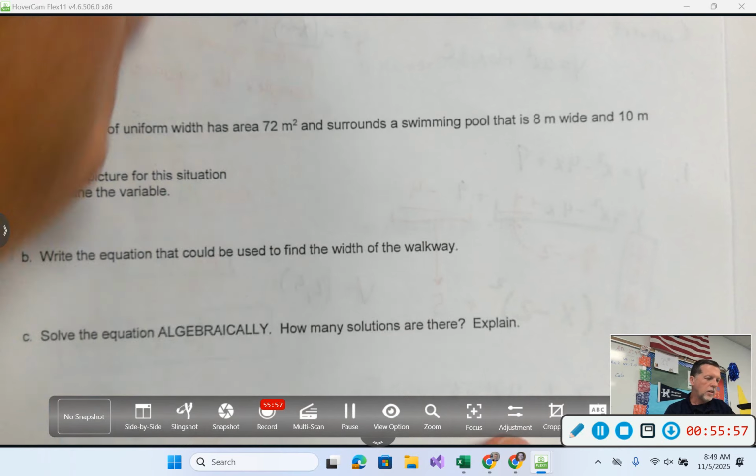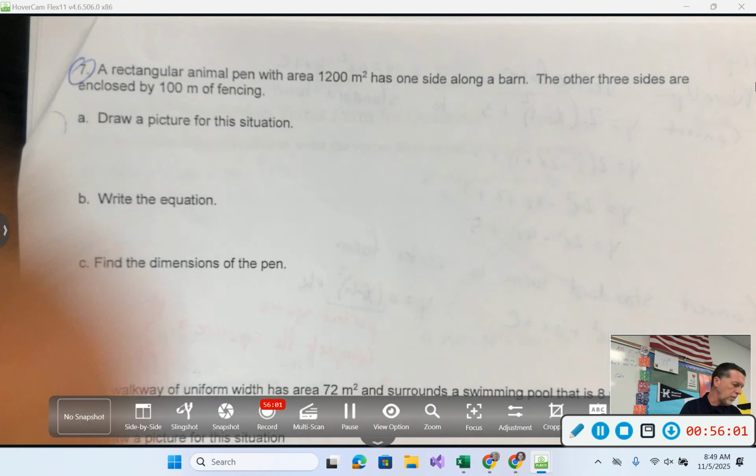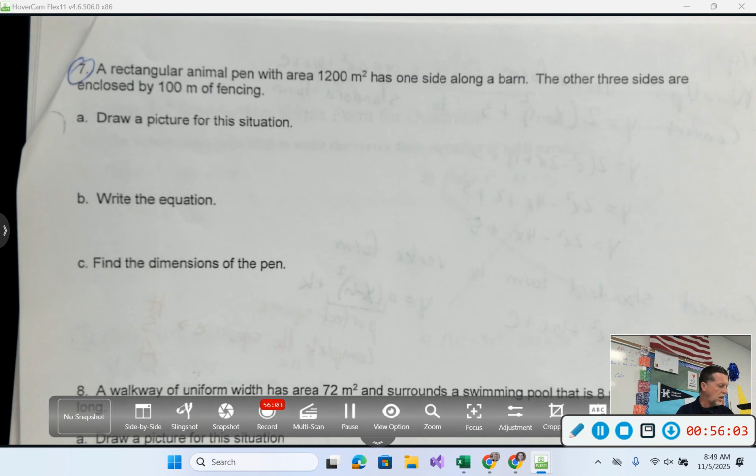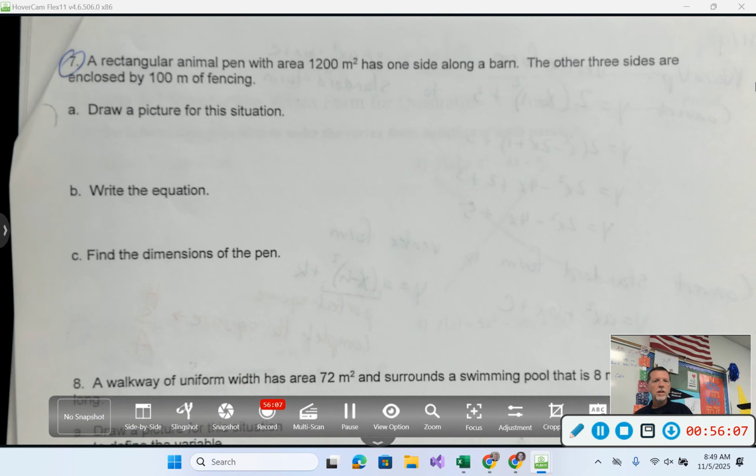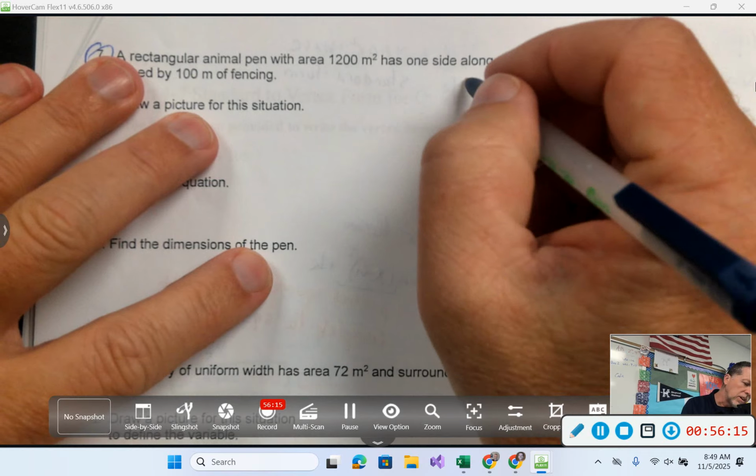Okay, the only other one for you, and we'll start it together, is number 7. A rectangular animal pen with area 1,200 meters squared has one side along a barn.